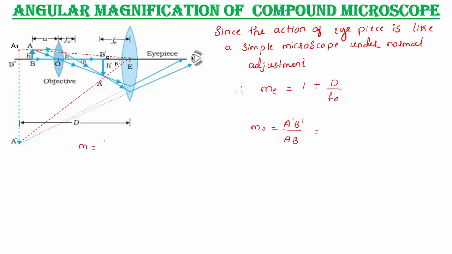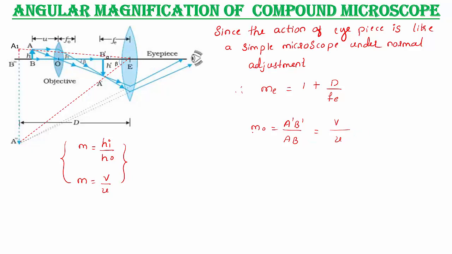Magnification is generally given by the equation Hi divided by Ho, or we can write it as M equal to V divided by U. Here a dash b dash is equal to height of image, and AB is height of object. So instead of Ho we can write U. So Mo equal to V divided by U.